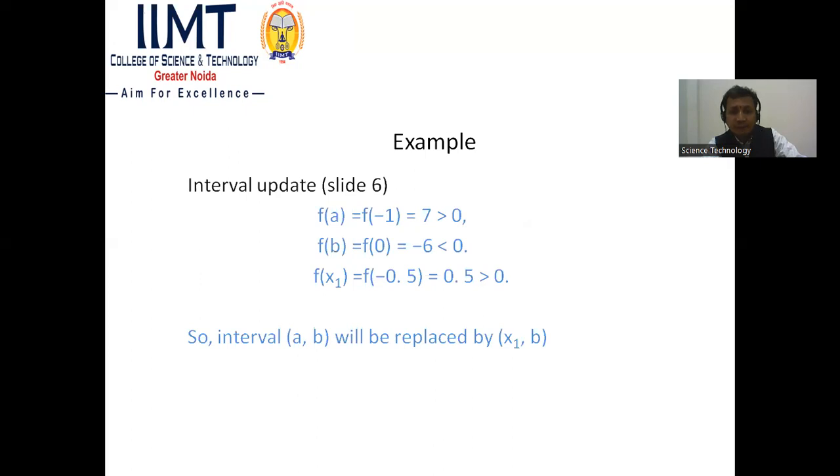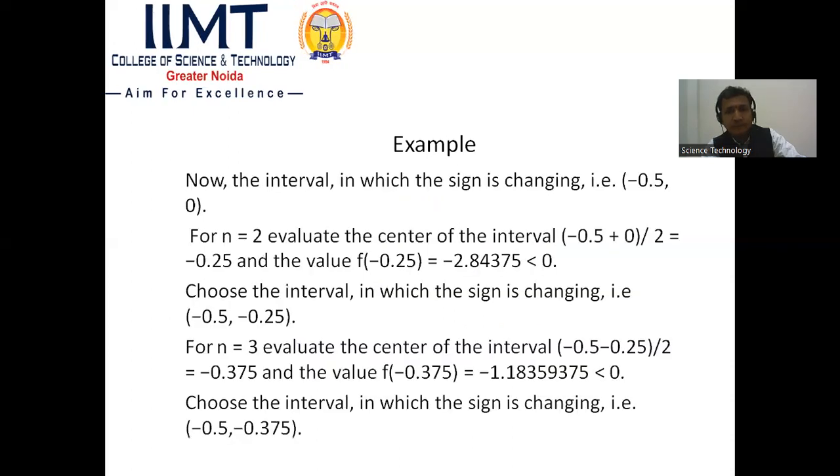So we will replace our interval AB by x1 B. Here I explained in a different way how we replace AB by x1 B. Now our interval becomes minus 0.5 to 0, and we will approximate for the second approximation, which is minus 0.5 plus 0 divided by 2, that is minus 0.25.